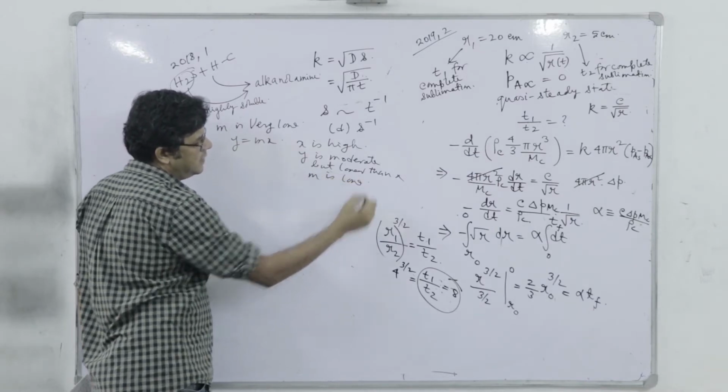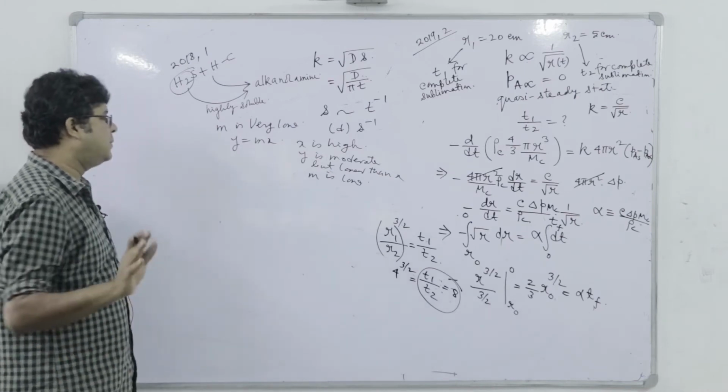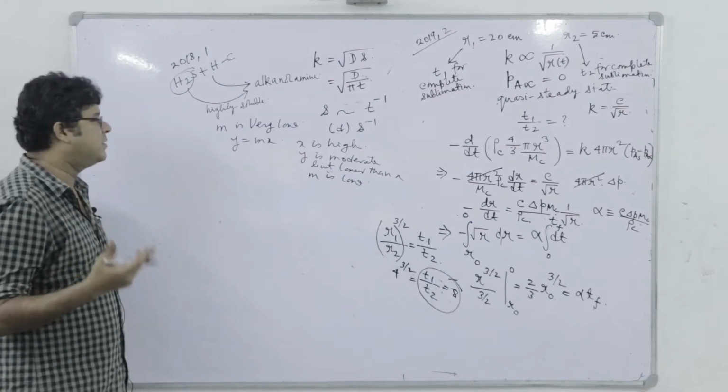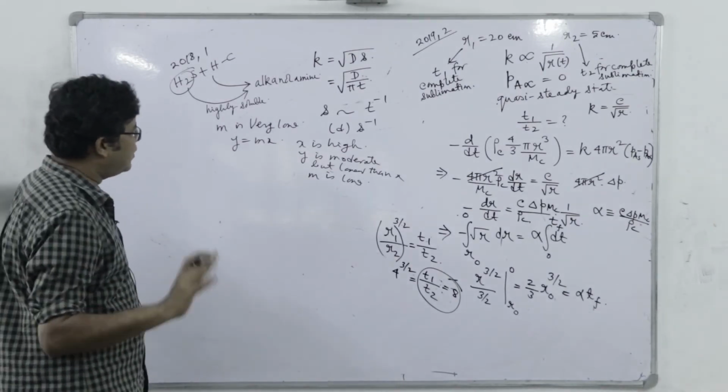I can't say whether it is less than 1, greater than 1, something like that. So m must be low. We can say that m is much lower than 1. That can also be said basically, but that's not important.